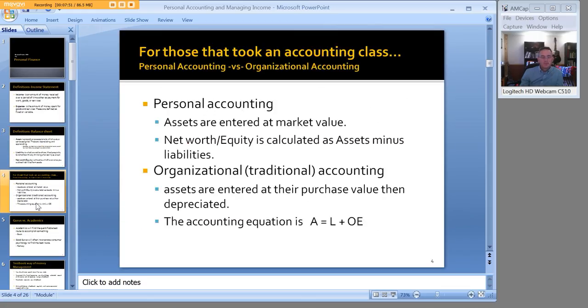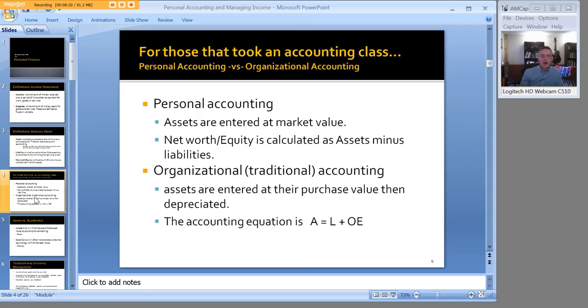All right. Now, again, if you've taken an accounting class, things are a little different in the world of personal finance, and we actually try to simplify and make life easy for us. In a personal income statement and a personal balance sheet, assets are entered at market value. In other words, the example with the Nintendo Wii I gave before, you can go onto eBay and figure out how much you can sell it for.